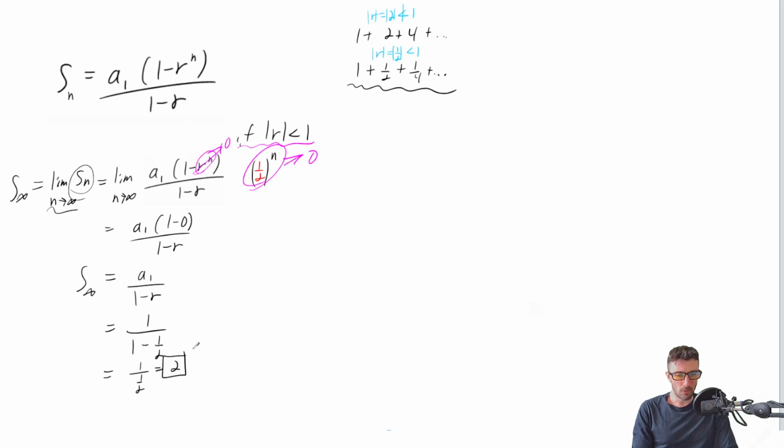And when you have the limit of a series, we say that it converges. So we would say that the sum converges to 2. That doesn't mean you're ever going to actually hit 2. You'll get as close to 2 from below 2 as you could possibly want, but you'll never actually get to 2.